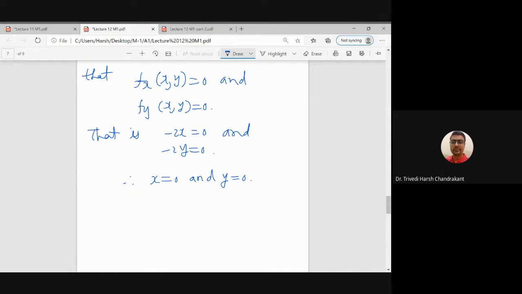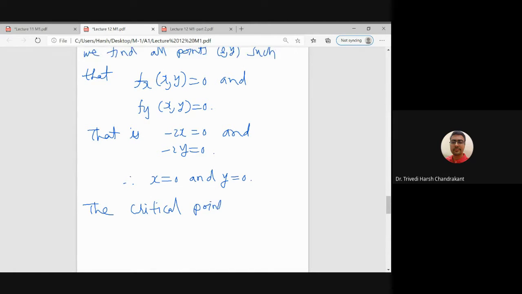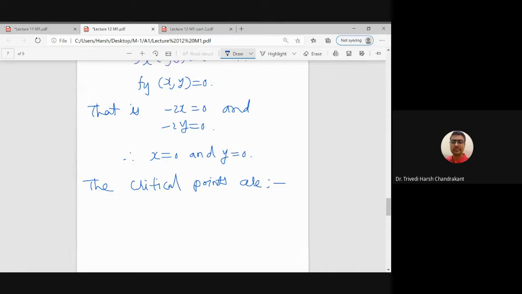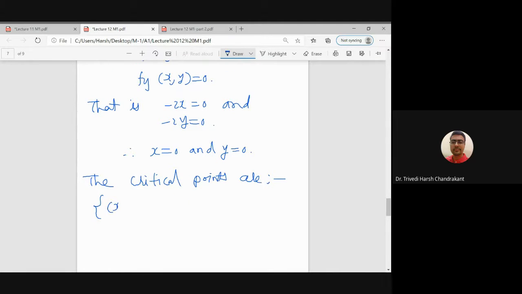So what are the critical points? The critical points are the points x, y such that fx is 0 and fy is 0.